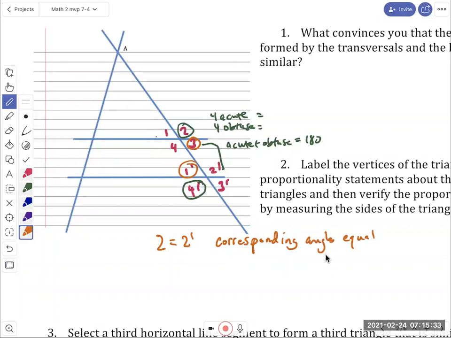But our geometry assumes that. There's not really a proof for it. It's one of those things that are assumed. An old word that we used to use is postulate. It's a postulate. And so then the other idea is, well, what about 2 prime equal to 4 prime? Okay, so remember that's the vertical angles being equal.